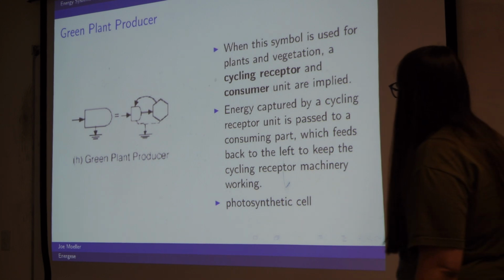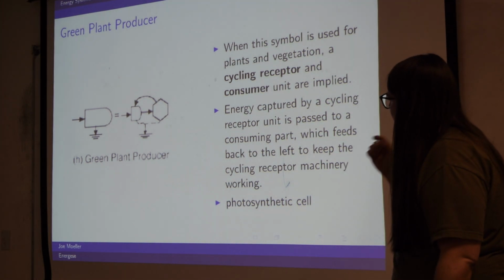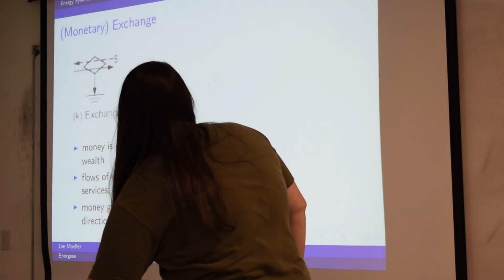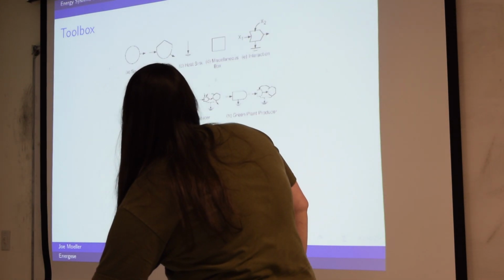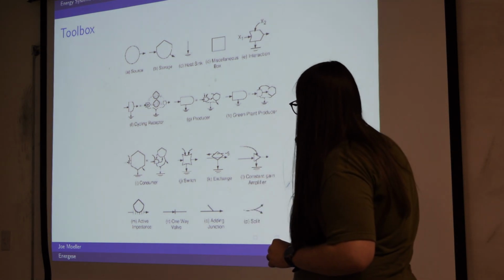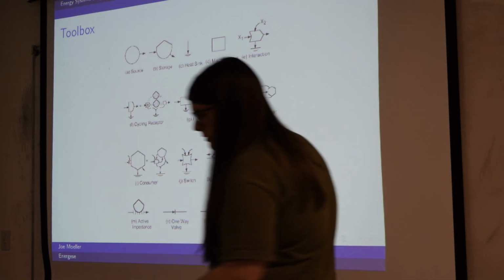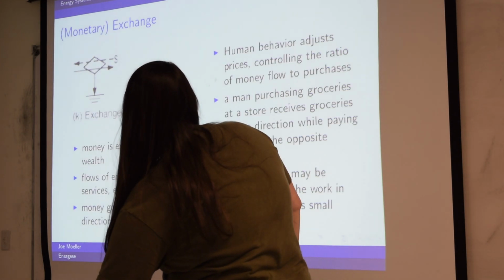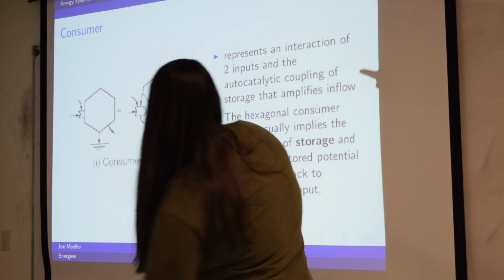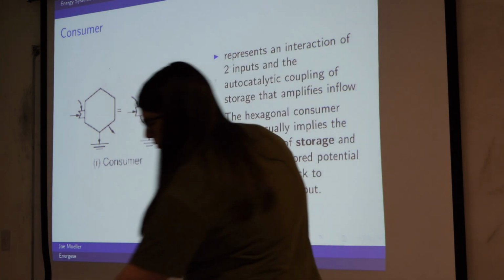Green plant producer. So this one has this hexagon, which I have the toolbox nearby. The hexagon is the consumer. It was that one that was defined a second ago. For some reason that's a hexagon, whereas the other ones weren't.